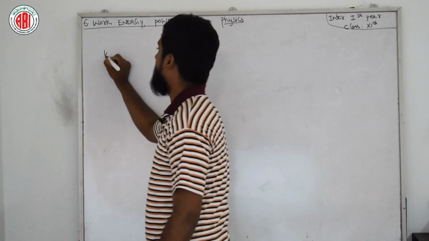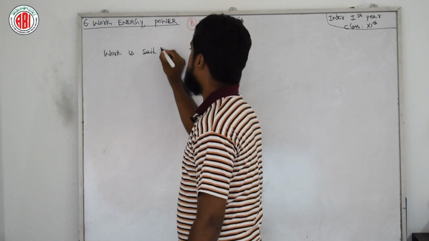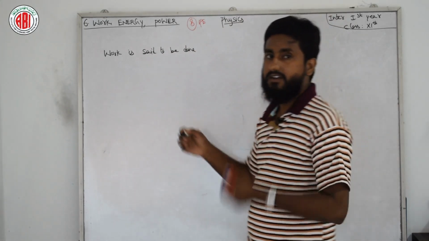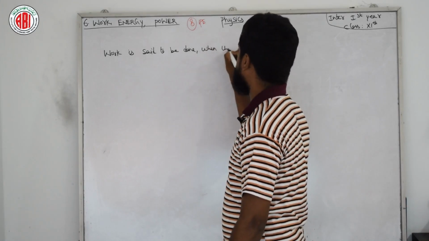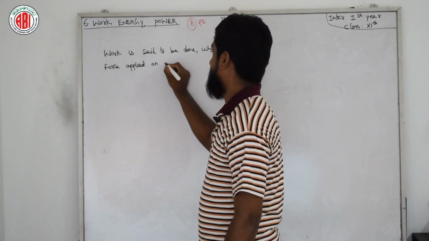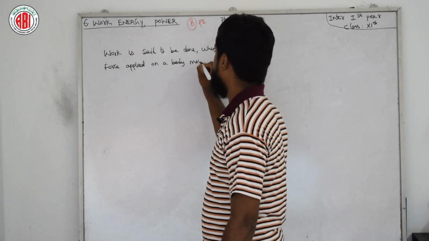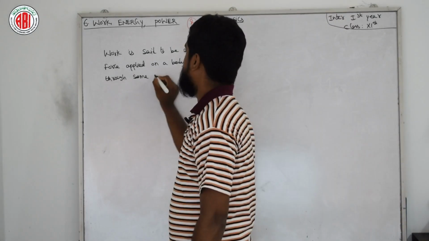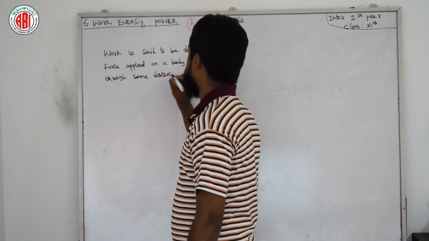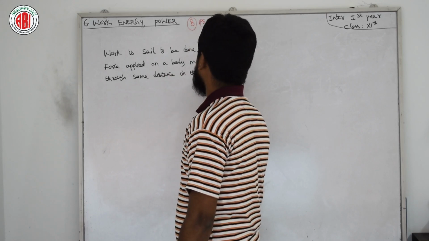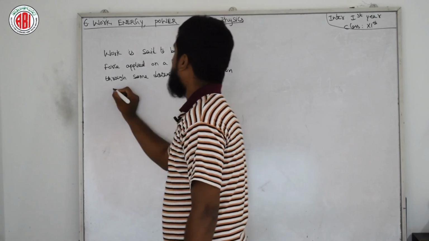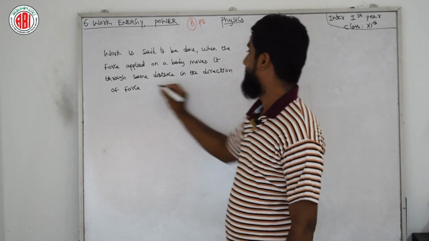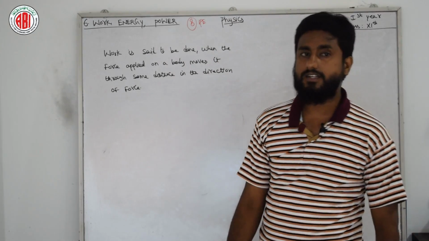Work is said to be done, or work is said to be completed, when the force applied on a body moves it through some distance in the direction of the force. The force we are applying has a particular direction, and if the body is displaced in that direction, then we can say work is done.